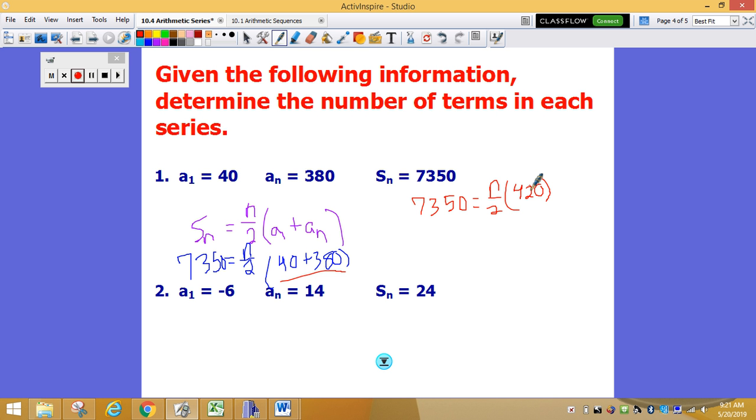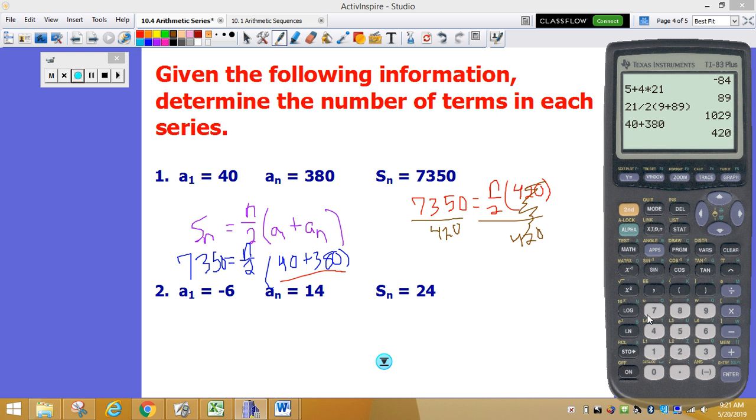Now, I want to move this 420 to the other side. So these are multiplying, and the opposite of multiplying is dividing. So I'm going to divide both sides by 420. So these cancel. And 7,350 divided by 420 is 17.5.